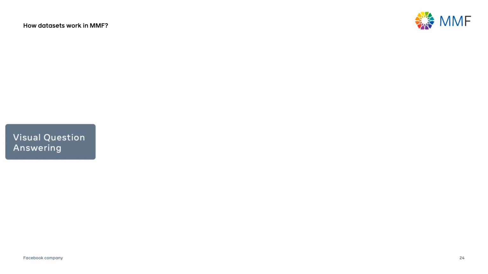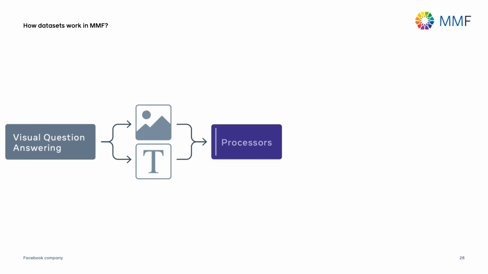So let's take some specific examples again. For question answering, you have an image and a text. The text is the question, and then you pass this through processors. You can think of processors as torchvision transforms, which take in an input and return an output. This key idea allows us to keep our datasets modular while reusing the same code in different datasets.